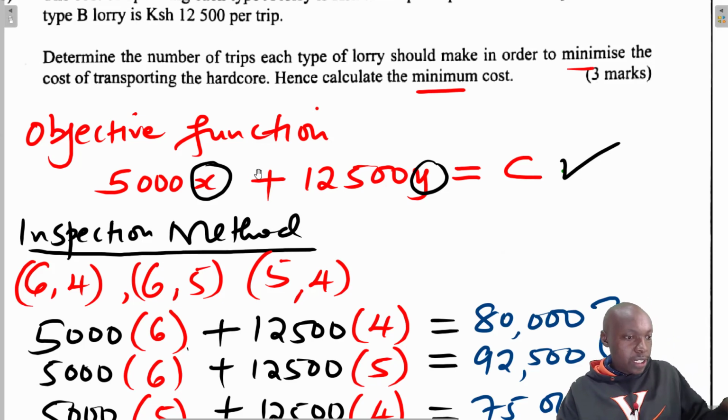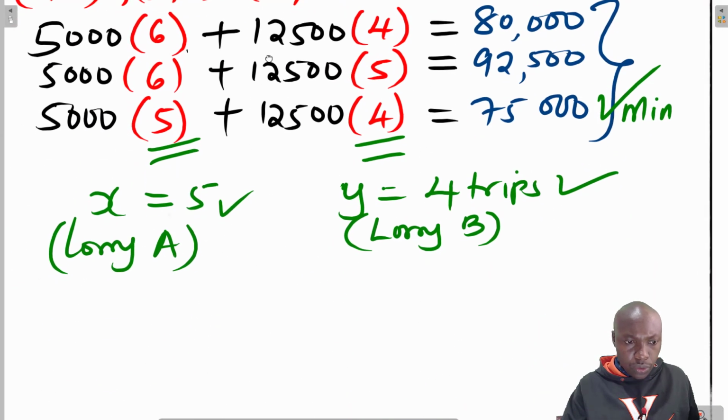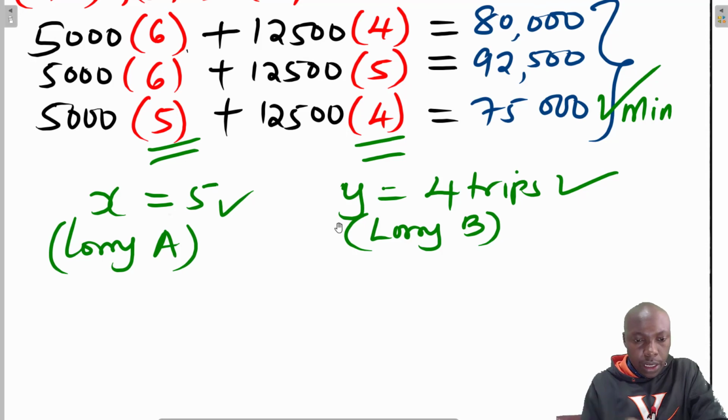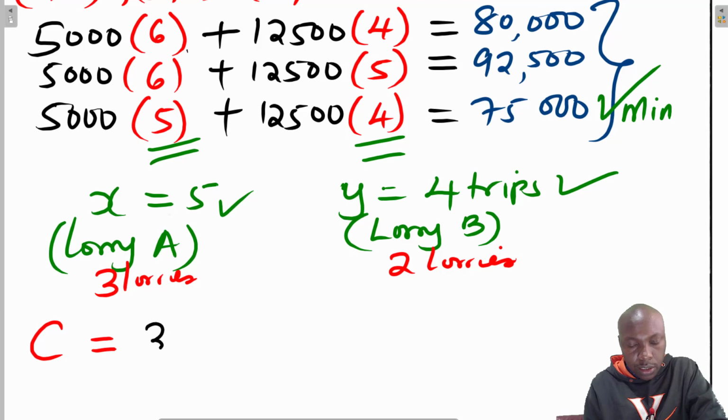We have now to calculate the minimum cost. We need to remember the number of lorries for each type. Remember, for type A there were 3 lorries, and for B there were 2 lorries. So the total cost is given by, for type A, 3 lorries, each one of them making 5 trips, and the cost of each trip is 5,000.